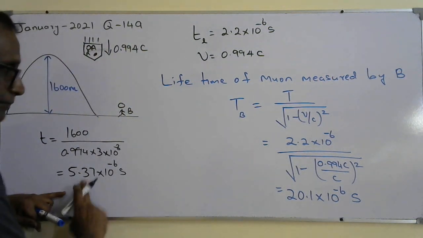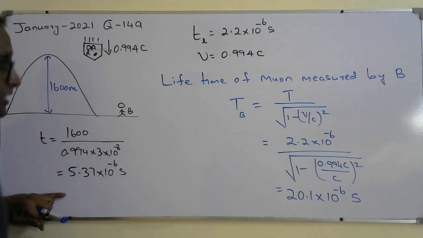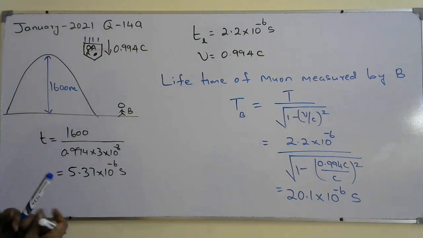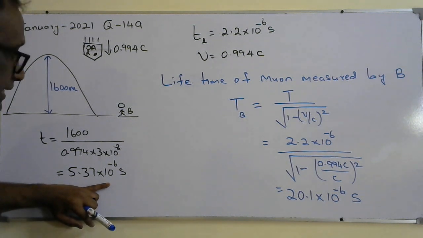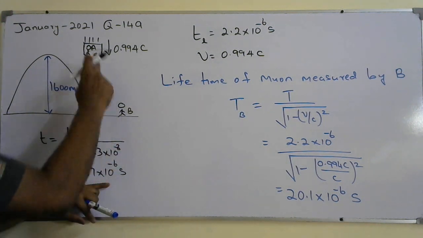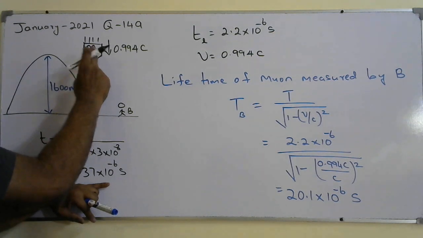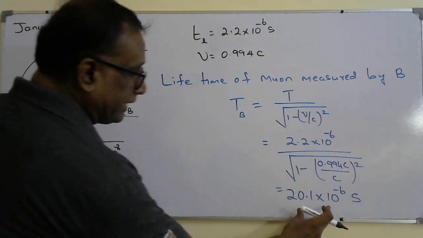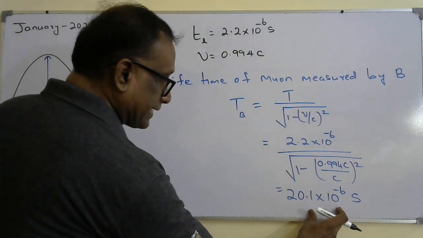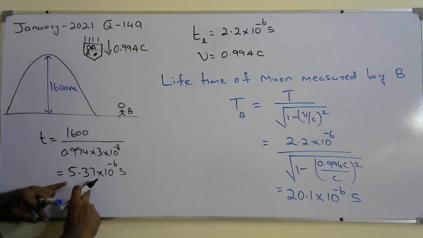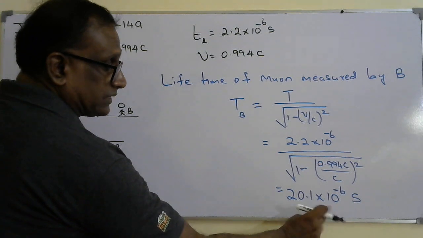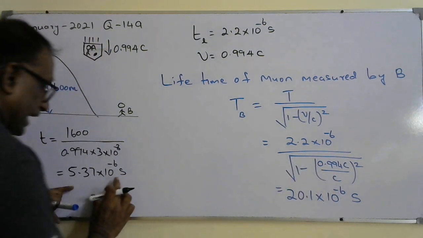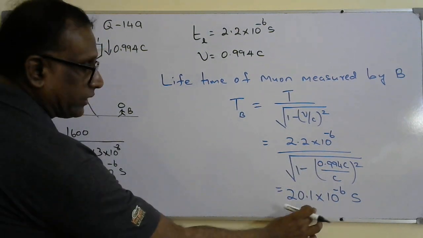So this time is smaller than the lifetime. The time taken to reach the ground is smaller than the lifetime of the muon, so it can reach the bottom before it decays.